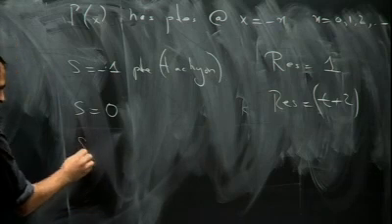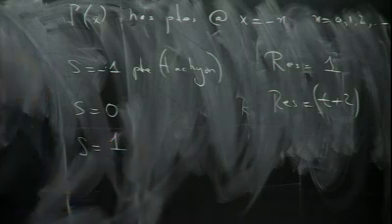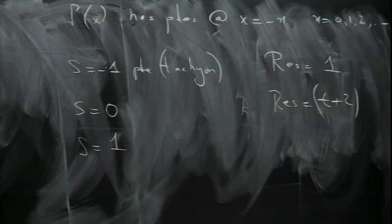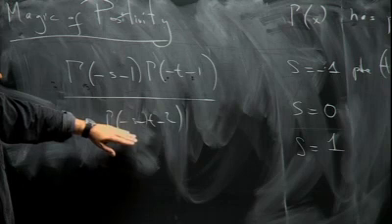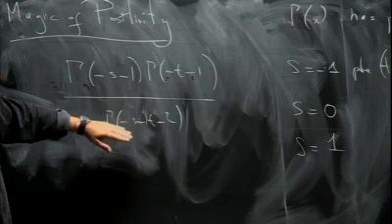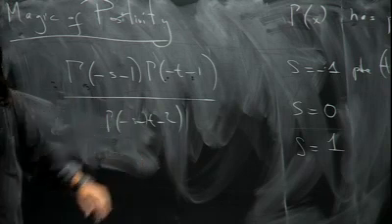Now let's move on to the first level, which is s equals 1. What is the residue at s equals 1? Now it's gamma of negative t minus 1 over gamma of negative t minus 3.